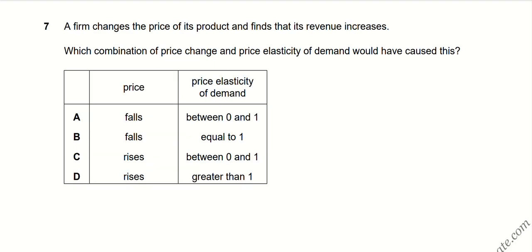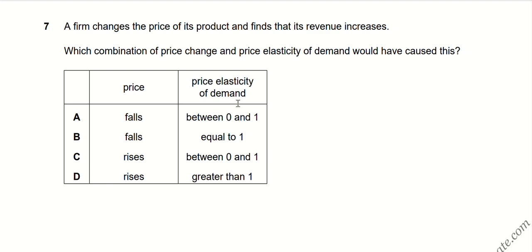Number 7, a firm changes the price of its products and finds that its revenue increases. Which combination of the price change and price elasticity of demand would have caused this? Okay, so first of all, if there is a change in price and they find that the revenue increases, that means demand reacts to price, right?